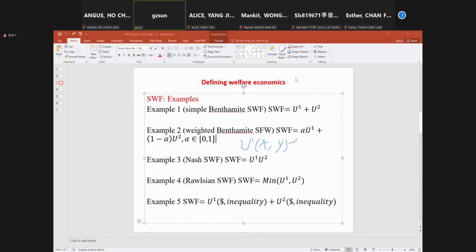So therefore, this is a function of income and prices.